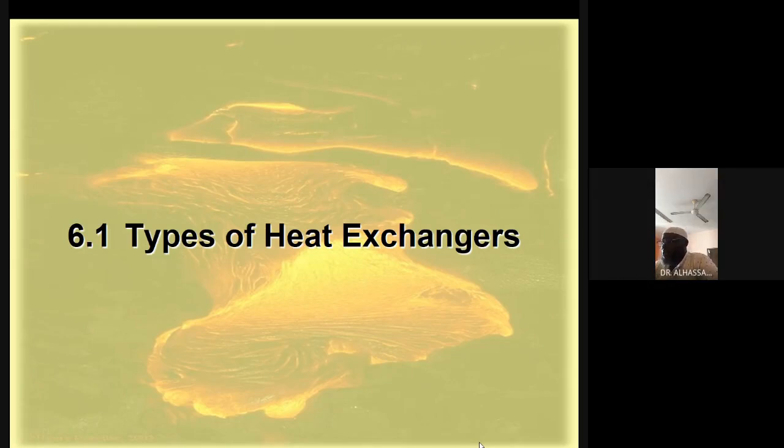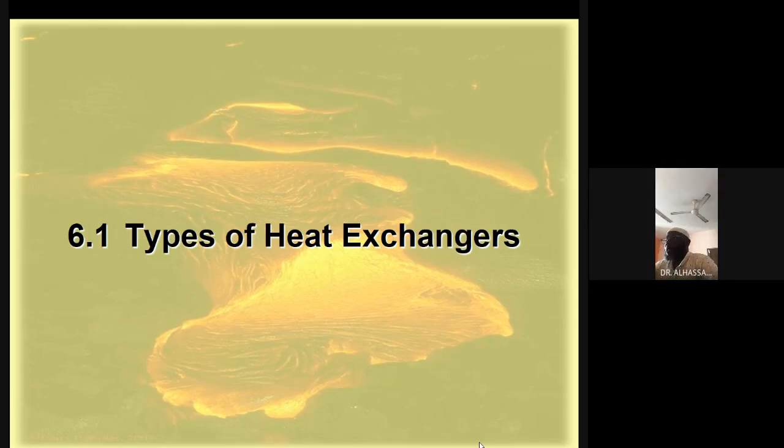For a counterflow heat exchanger, both fluids move in opposite directions. In the cross flow situation, both fluids move perpendicular to each other. We also have shell and tube heat exchangers.